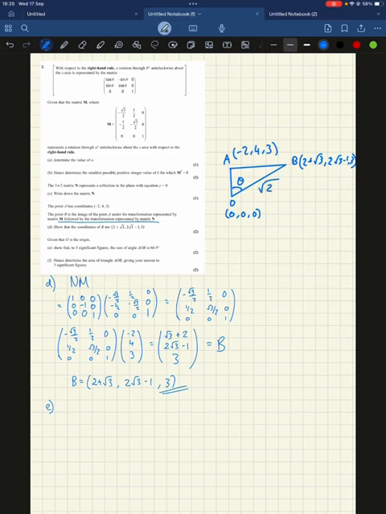So that's going to be square root of 29. AO will again just be everything squared, so minus 2 squared plus 4 squared plus 3 squared.